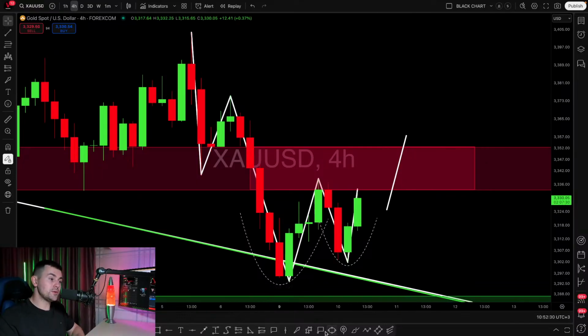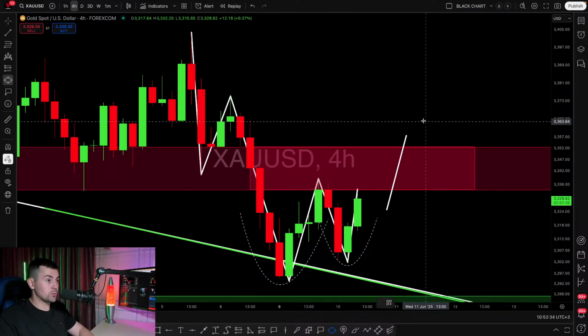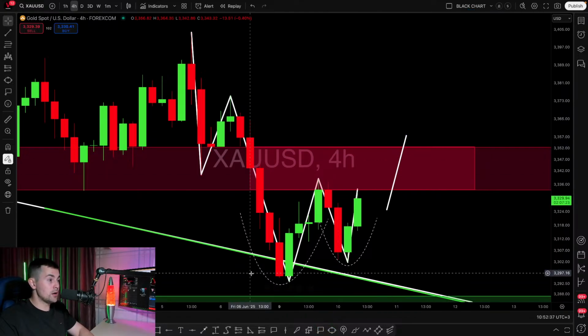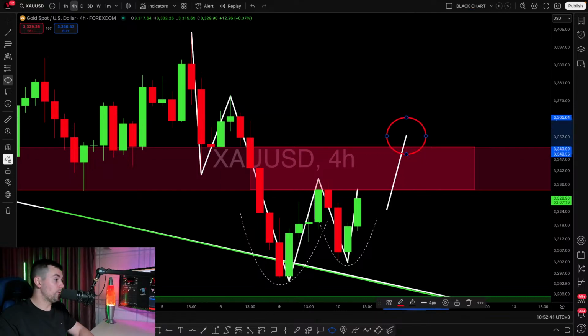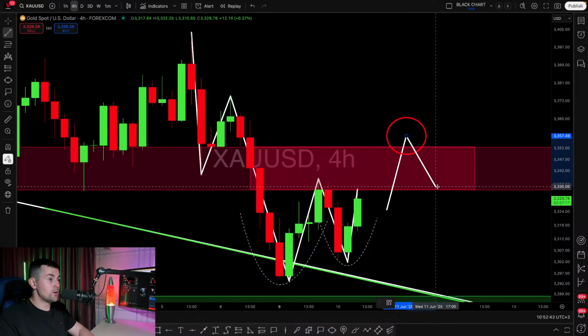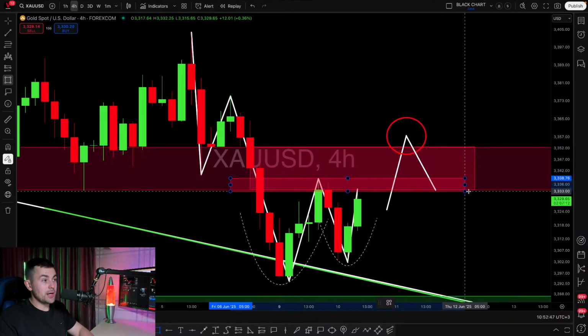So after we see the violation of that red structure, I am going to wait for a pullback. I will enter on a retest of the broken neckline of our cup and handle pattern.